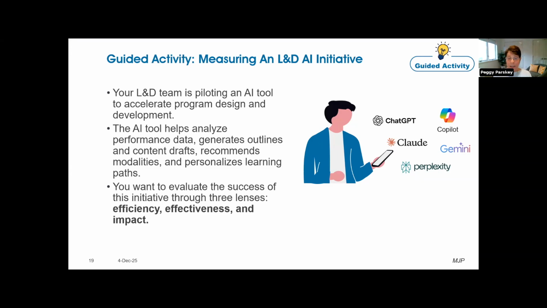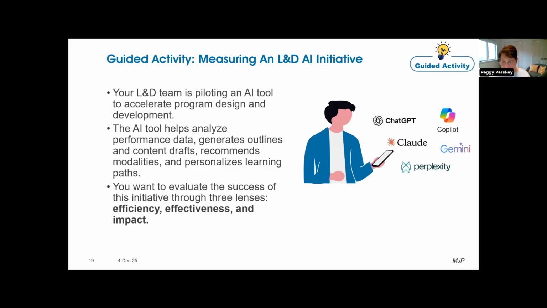And you want to evaluate the success of this initiative through three lenses: efficiency data, that deals with activity, but also cost, effectiveness, and impact. And we're going to go through a series of chats and we're going to ask you to tell us what things you would measure. And then we will show you some ideas we came up with. And the goal is for you to mention things that we didn't.